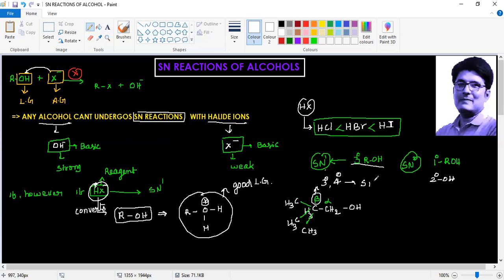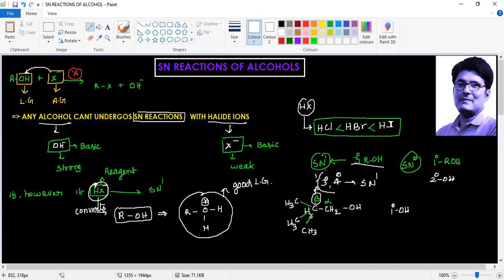gives SN1 reaction. While when does it give SN2? While for primary alcohols, this is the example of a primary alcohol whose beta carbon is primary or secondary. That is, when the beta carbon is tertiary or quaternary, it gives SN1.